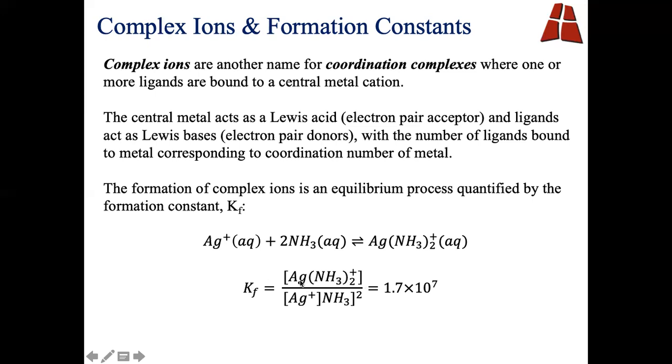So we have our soluble product, the complex ion, divided by our reactants. It looks like I forgot a bracket there, but that squared should be for the concentration of ammonia. In this case, the formation constant is 1.7 times 10 to the 7th. Typically, these formation constants tend to be quite large, much greater than 1, on the order of 10 to the 6th or above.